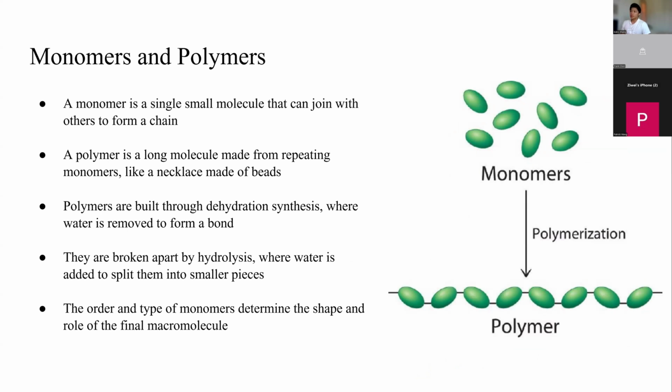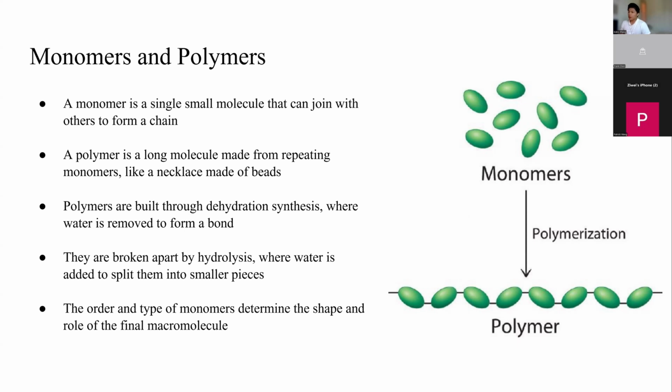A monomer is a single small molecule that can join with others to form a chain. And when they do that, we form what is known as a polymer, which is several monomers in a very, very long repeating sequence.